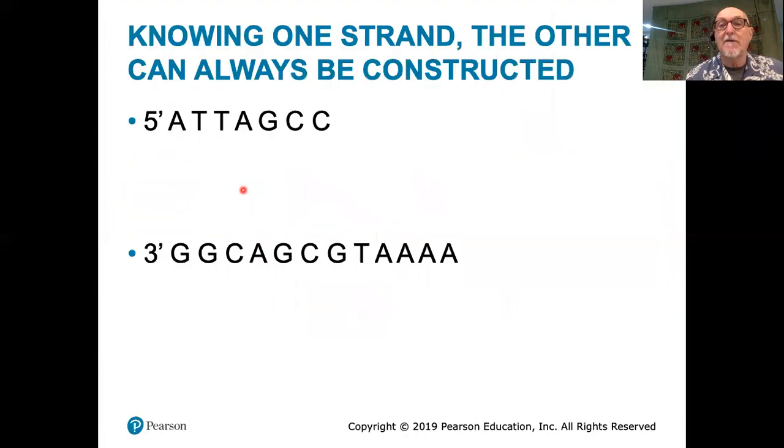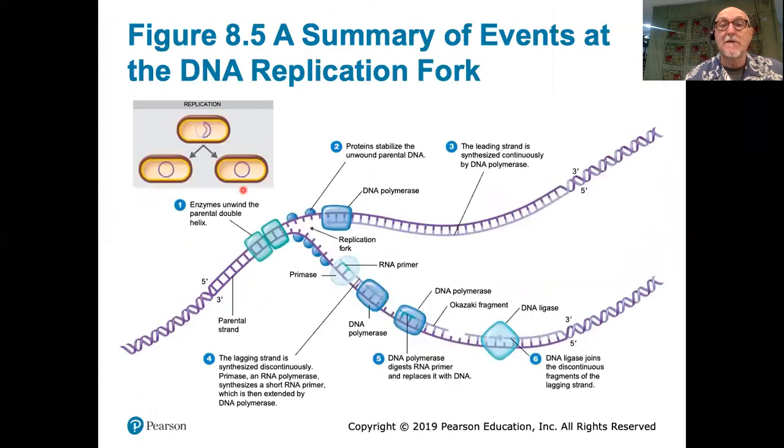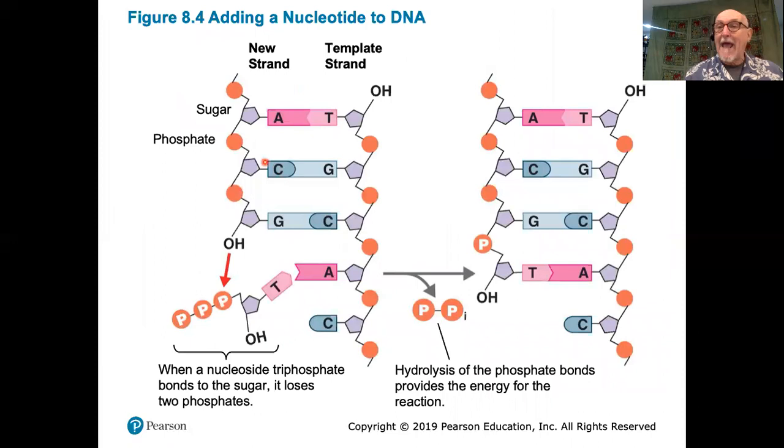When we add these nucleotides at the 3' hydroxyl site, these phosphate bonds are hydrolyzed, and the energy is harvested to form the phosphodiester bond between the sugar and the phosphate.